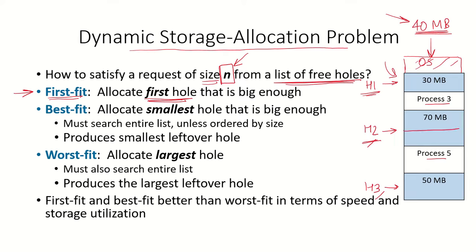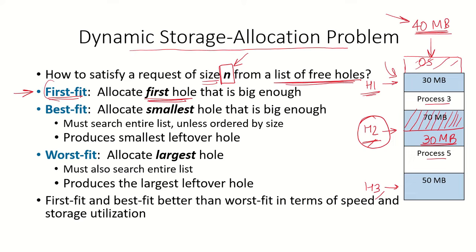That means this new process which is coming in can be placed over here. 40 MB will be utilized and now only a 30 MB hole will be left. So this information will now be updated. Instead of this being 70 megabytes, now we will update it to 30 MB.